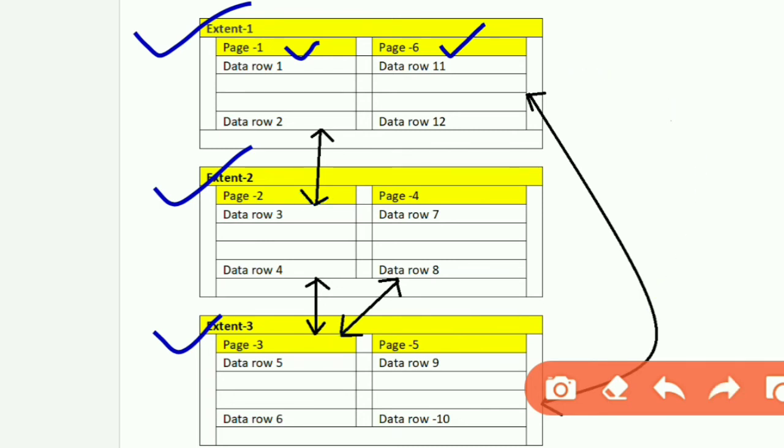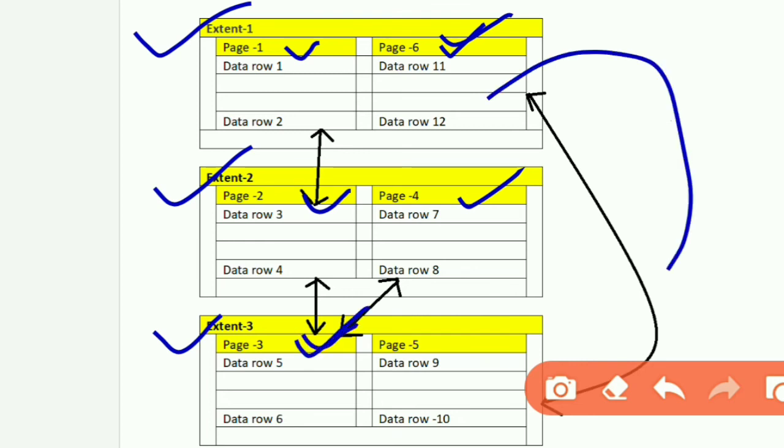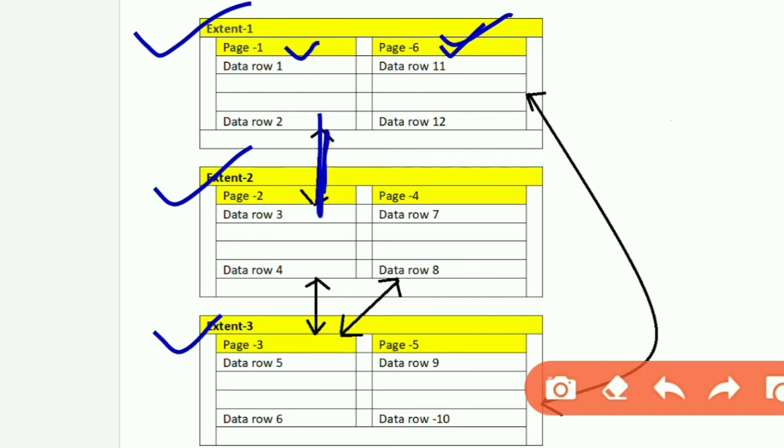It should be like this: in extent 1 we should have page 1, then page 2. In extent 2, page 3, page 4. Then page 5 and page 6 should be here, right? So this is not contiguously correct. That's the reason I marked it like this, to understand things.